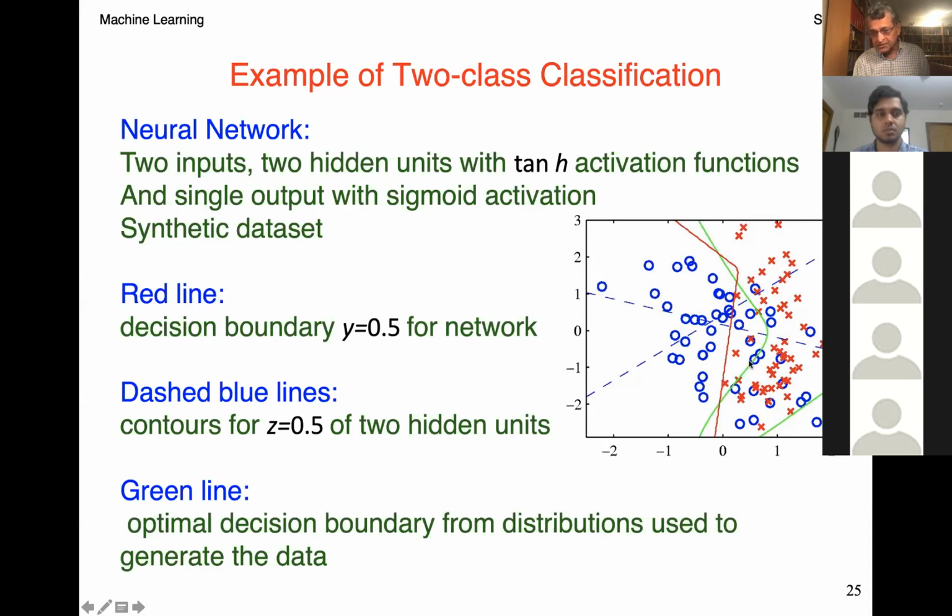The neural network is asked to figure out the boundary given only these samples, and so it figured out this red line, which is not quite accurate, but that's because we don't have a very large number of samples. That boundary in turn was a combination of this blue dotted line and this other blue dotted line, weighted together to form this line. Isn't that interesting? 2 linear classifiers form a nonlinear classifier.